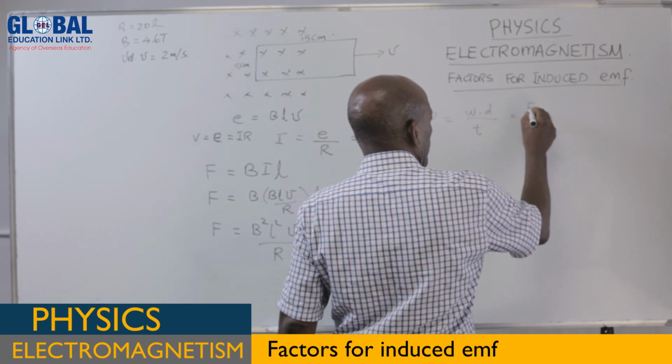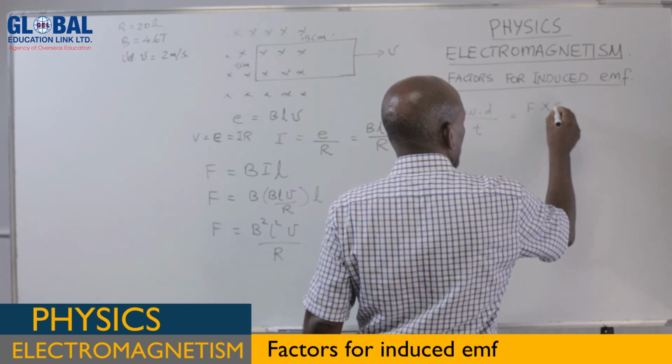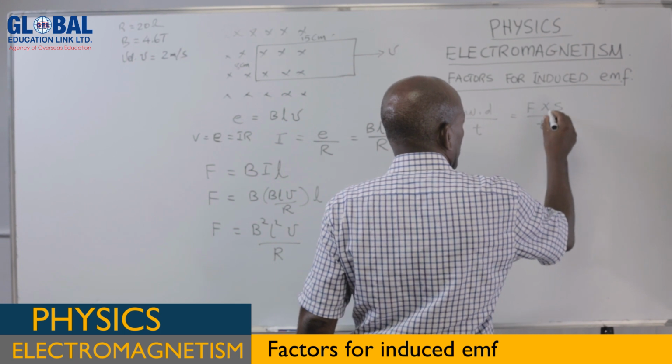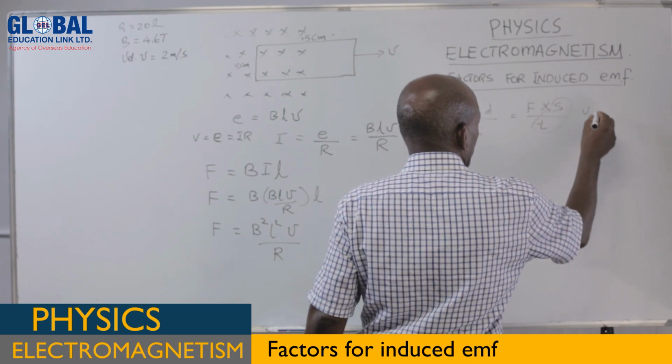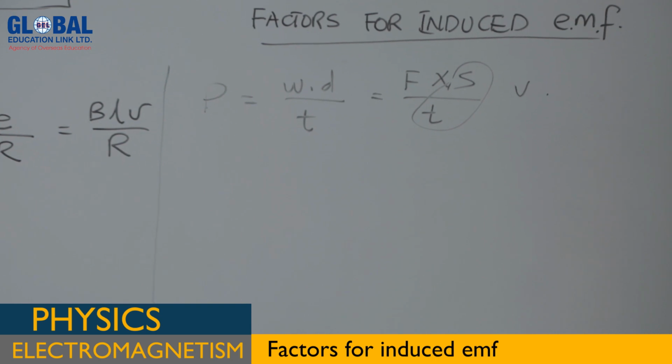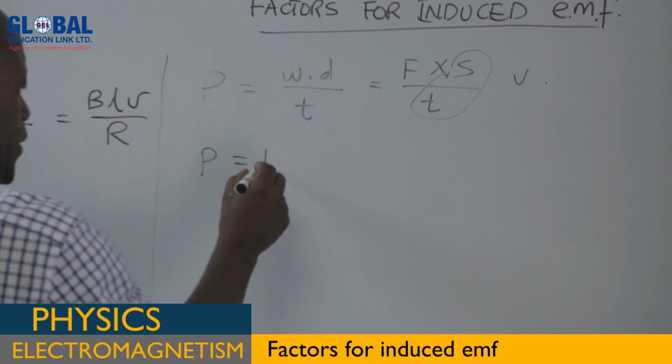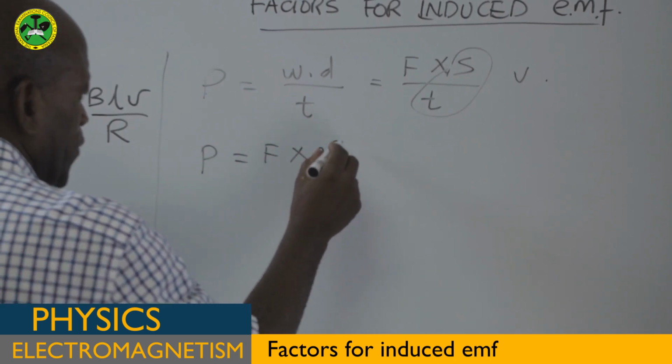Work done is just equal to force times distance. We divide by time, but distance over time is the velocity. So the power is just the force times the velocity.